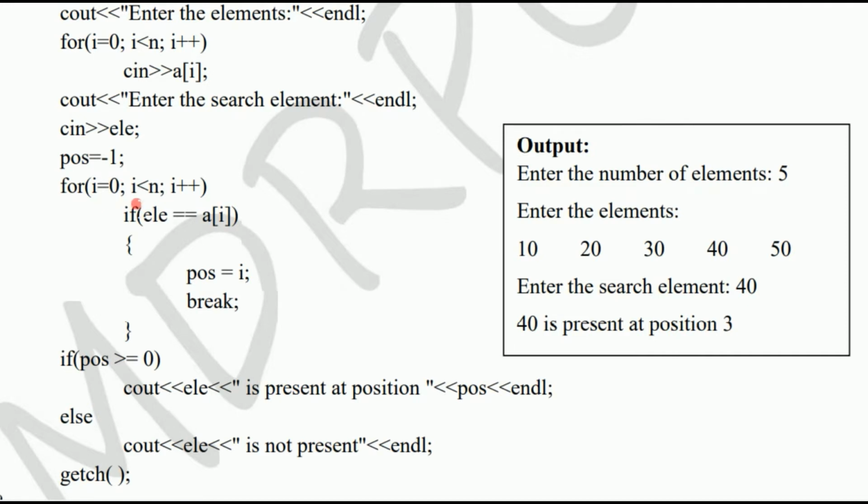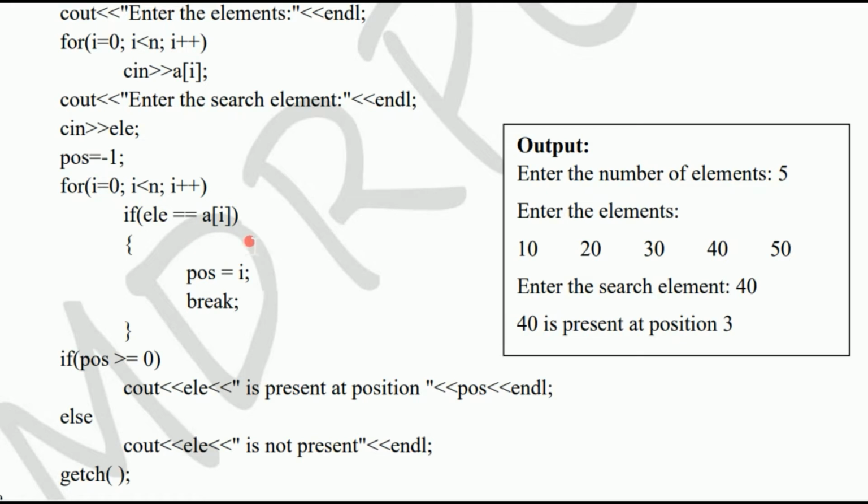i is equal to 0, i less than n, i plus plus. First time it takes 10. The given element is 40. So is 40 equal to a of 0, which is 10? No. Then it will take the second one, that means i as 1. 20: is 40 equal to 20?